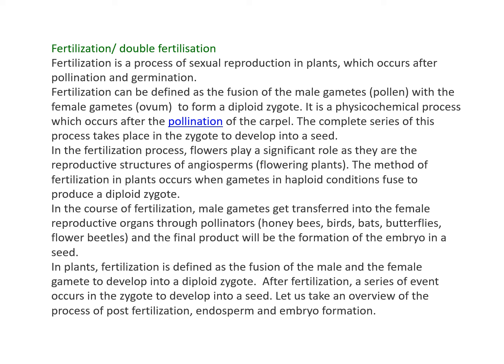Somehow these organisms are attracted to the flower for the nectar and with their smell. But in this process, sometimes they also transfer the pollen grain from the anther to the stigma of the carpel.